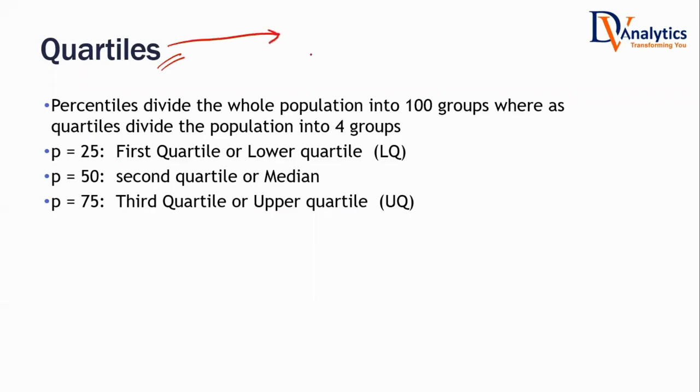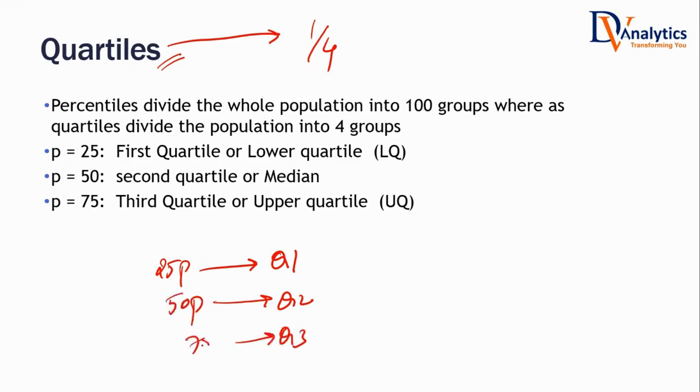Quarter means one-fourth. So the 25th percentile is known as quartile 1, quartile 2 is the 50th percentile, quartile 3 is the 75th percentile, and quartile 4 is 100. If somebody tells you they scored in the upper quartile, from Q3 to Q4, they are telling us they scored somewhere between 75 and 100.